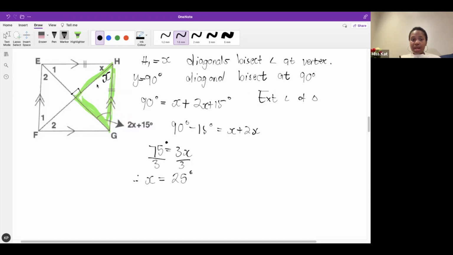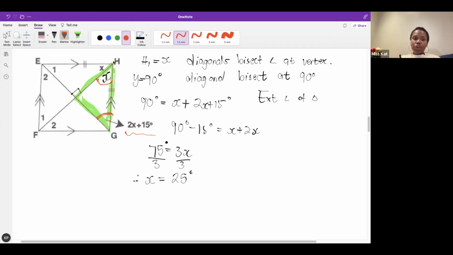Okay, so that angle is the exterior. That means 90 degrees is equal to this angle plus that angle. Now we know that angle is 2x plus 15. That was given, right?